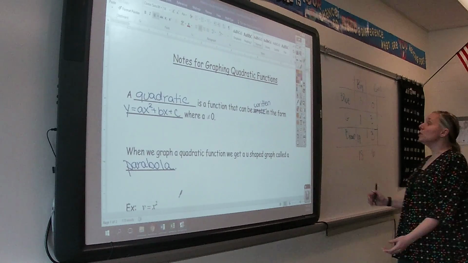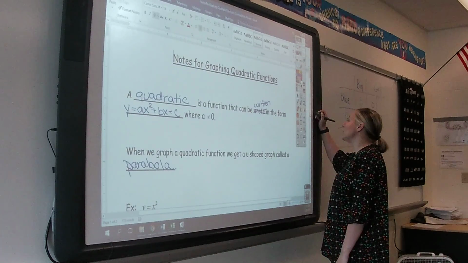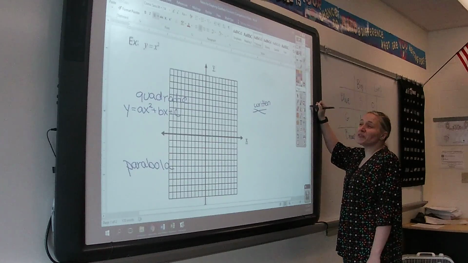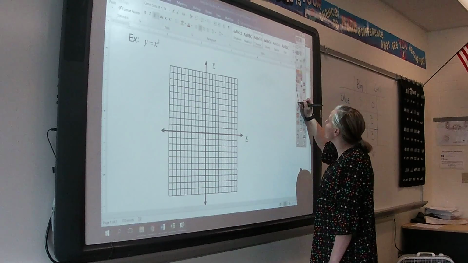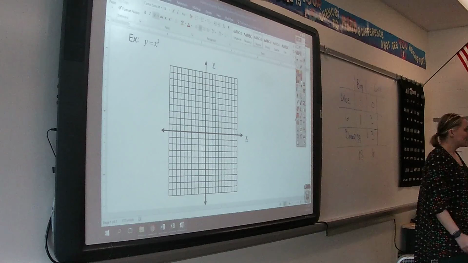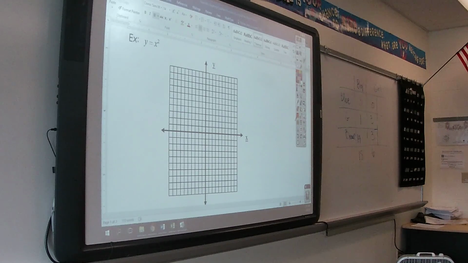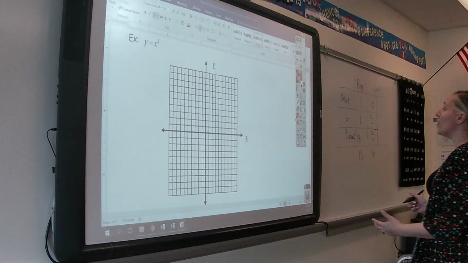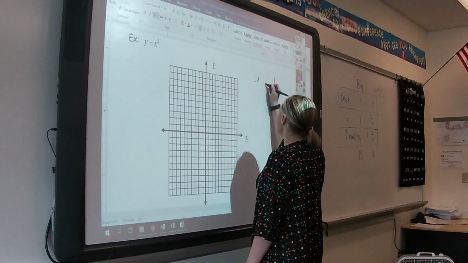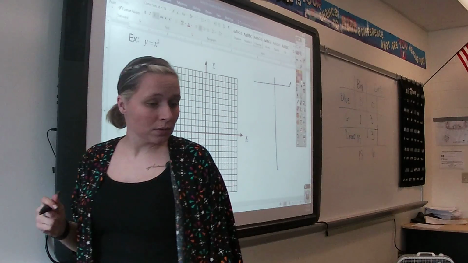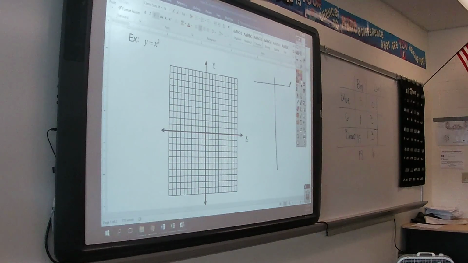There are a couple different ways that we can graph quadratics. We're going to look at some information today and some tomorrow. But the reality is that we can always graph a function, any function, whether it is quadratic or cubic or linear, by having a table and plugging in some input and output values.